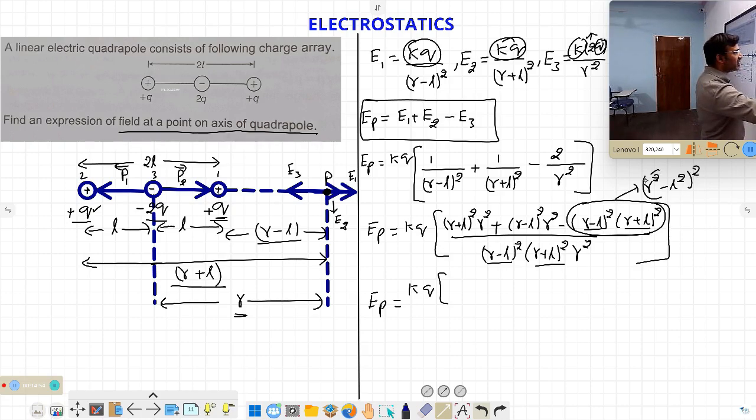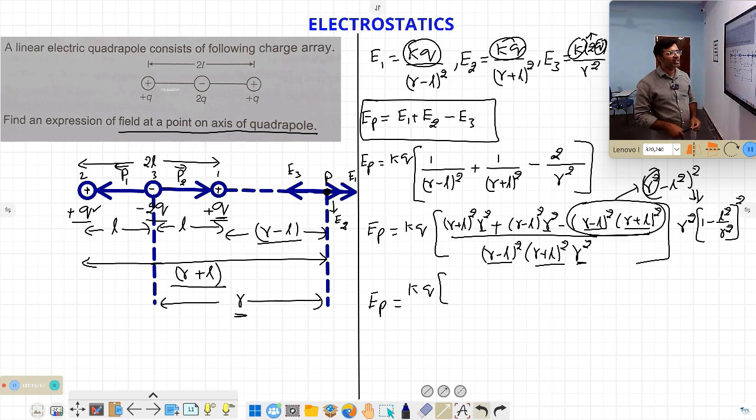And in this, I can take R square common here because the denominator has R square. Every term contains R square, so you take R square from here. If you take R square from this equation, the term becomes 1 minus L square by R square, whole square. If you multiply inside, again you will get the same thing as before.